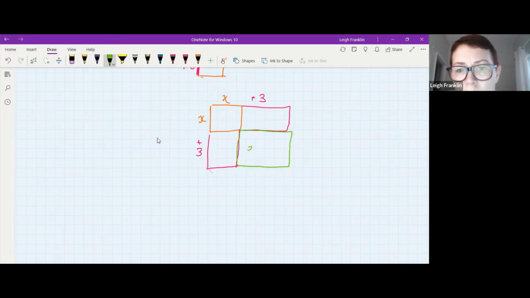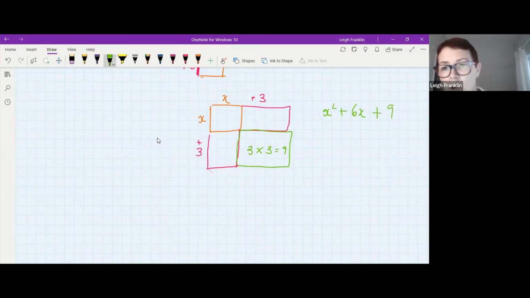It's got to be 3 units by 3 units, which is 9. So that's how I have completed the square. If I end up with x squared plus 6x, in order to complete the square, I am going to add 9 onto that. And now I've taken something that was rectangular and I've made it into a square.